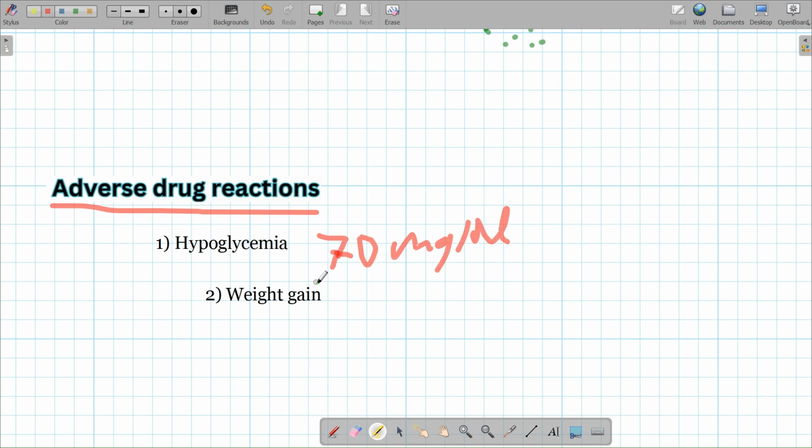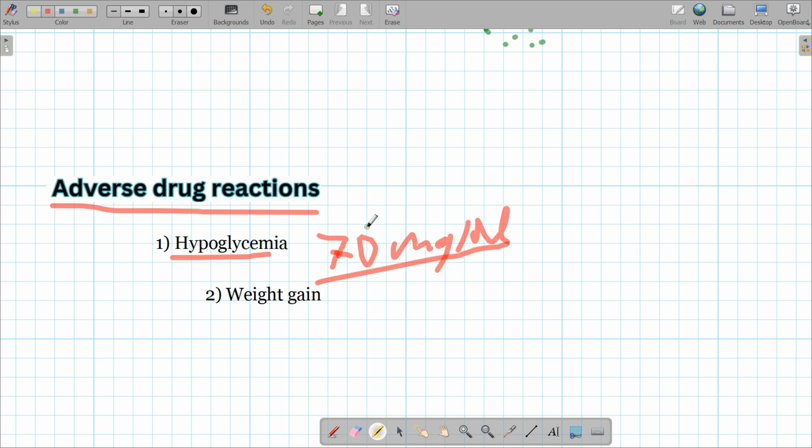The usual signs and symptoms of hypoglycemia are dizziness, drowsiness, increased hunger, shivering and shaking. These are some of the common signs and symptoms of hypoglycemia.